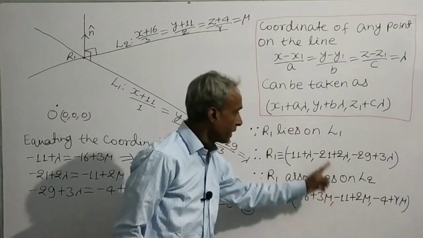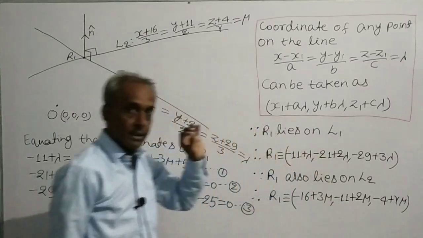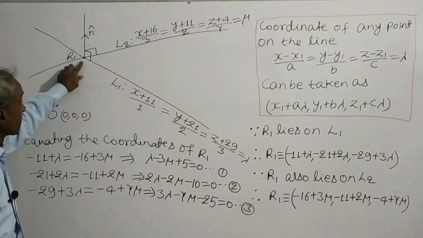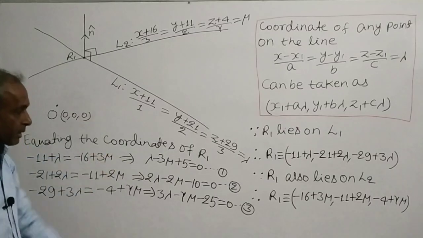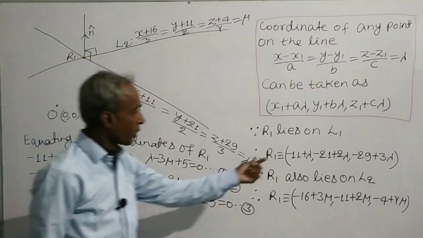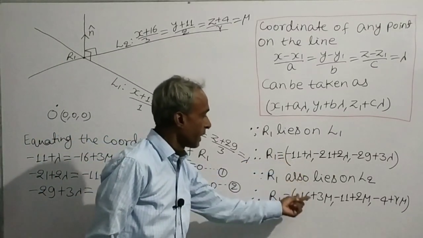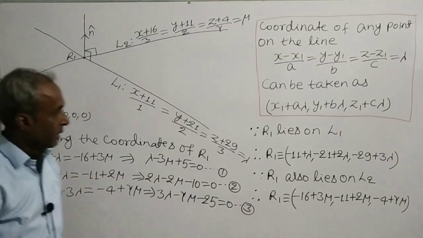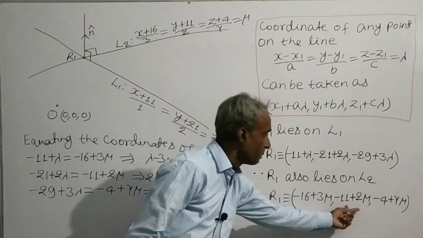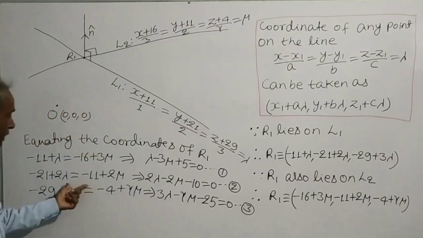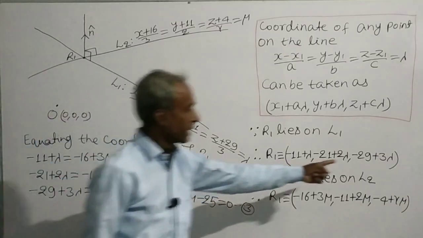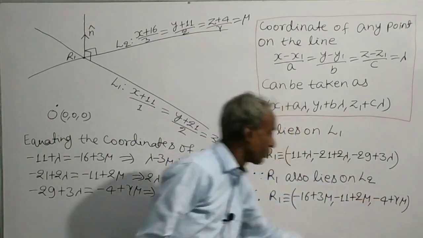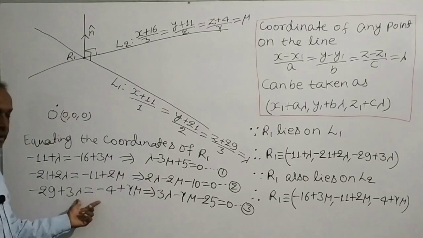Since both these coordinates are of the same point R1, this x coordinate will be equal to this x coordinate, this y coordinate will be equal to this y coordinate, and this z coordinate will be equal to this z coordinate.